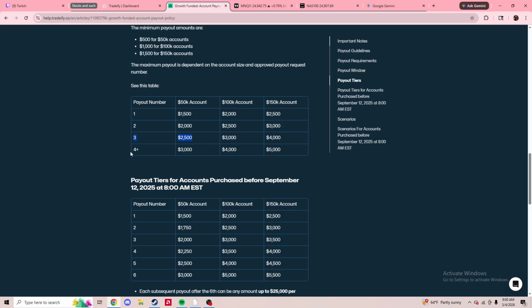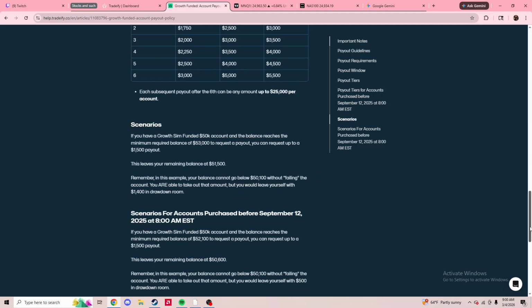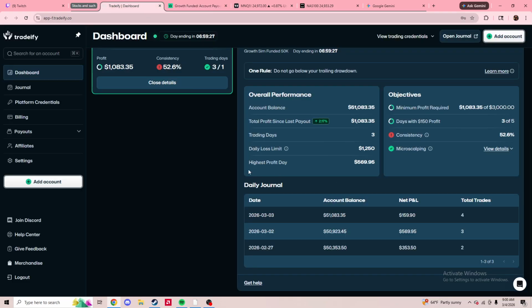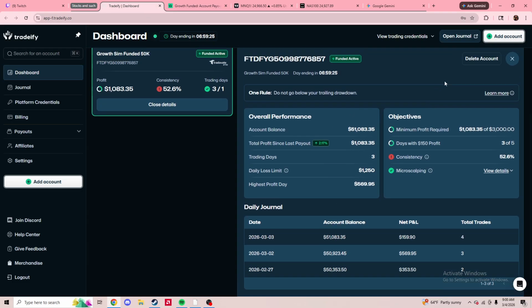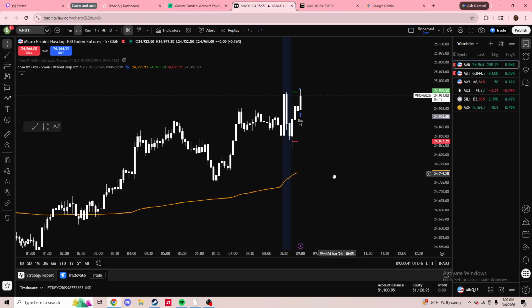Third payout, 2,500. Fourth payout and beyond, keep the account, 3,000 each time after that. So that is my goal. I plan on keeping this account for a long time. When I finish this account, I'll immediately buy another account, and let's get a double profit going.